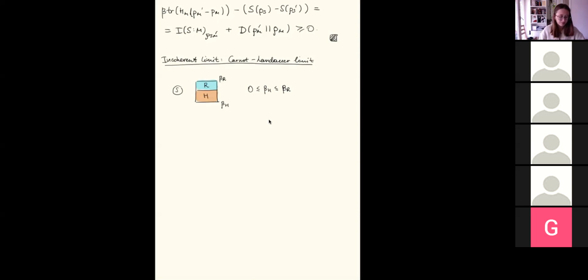Okay, and now just some preliminaries for the notation that will be used in the equality. So we start with the state rho SRH, which is a product state. The system S is in some state rho S, and the other two are in thermal states at their respective temperatures.